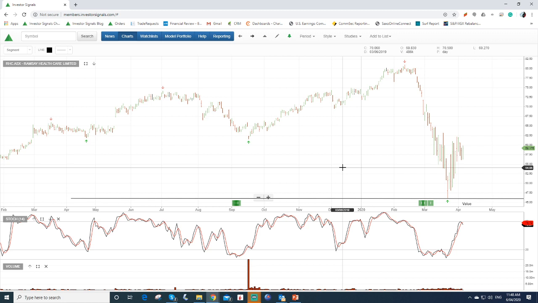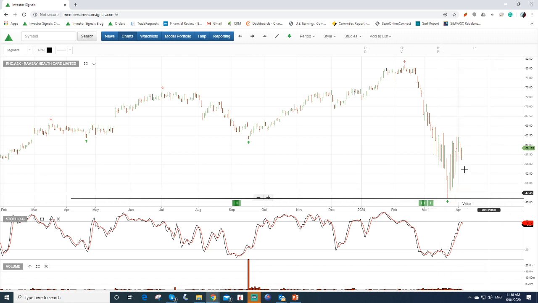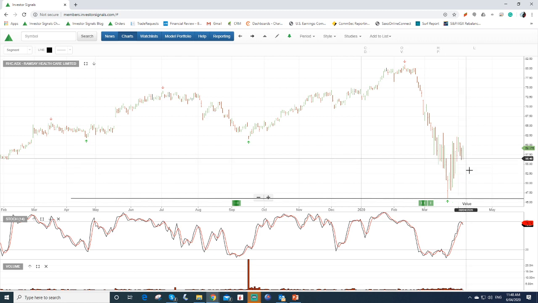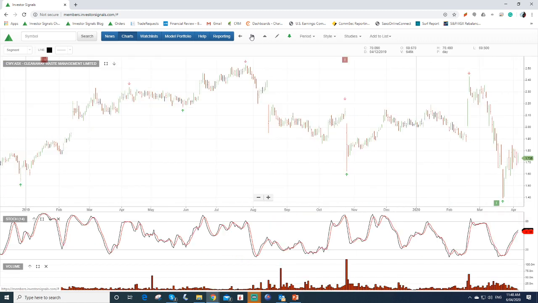So we'd expect that this low here at $50 is being put in for Ramsay, and it probably won't be retested. So we'll see a consolidation around this $59 to say $52 level, but it should find support there and provide a good longer term investment opportunity. As is the case with Cleanaway, I think this is a unique opportunity to pick this business up at a discounted price.